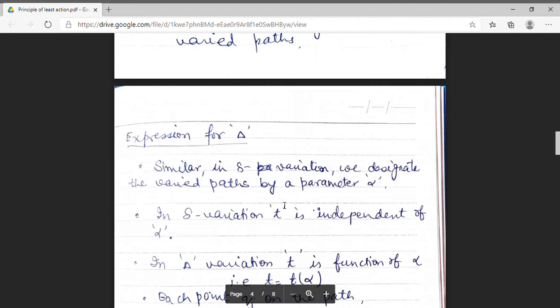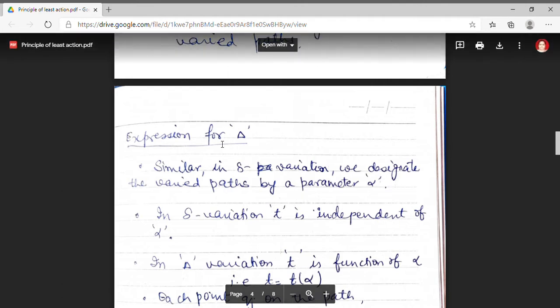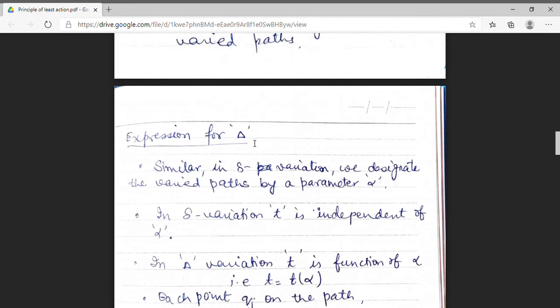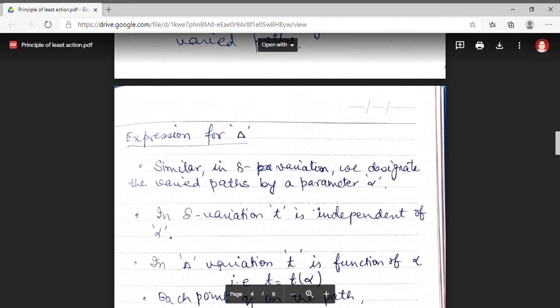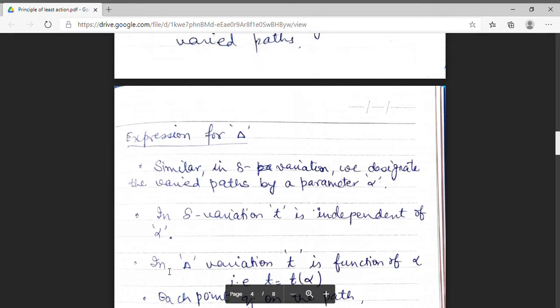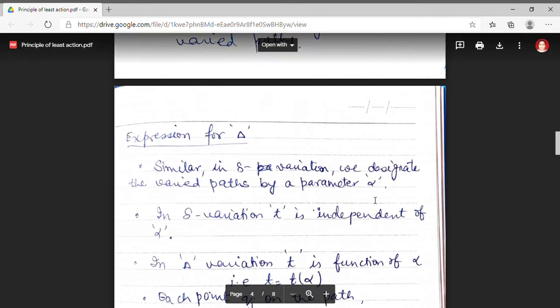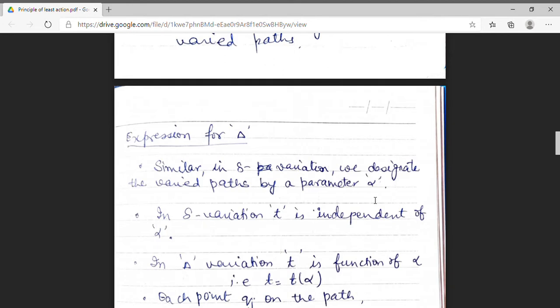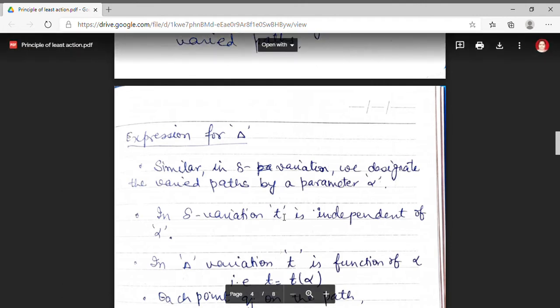For this purpose, we will define the expression for our function. As we have different paths, we will label them by a parameter alpha. As in Hamilton's variational principle, we have denoted different paths by the same letter alpha. And in that variation, we know that t was independent of alpha.